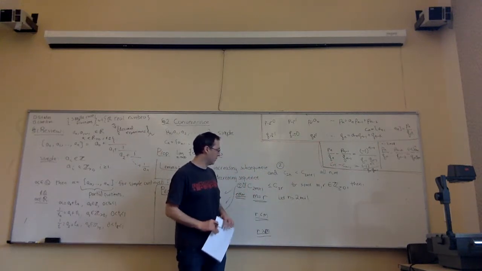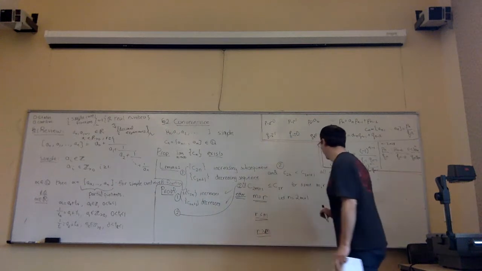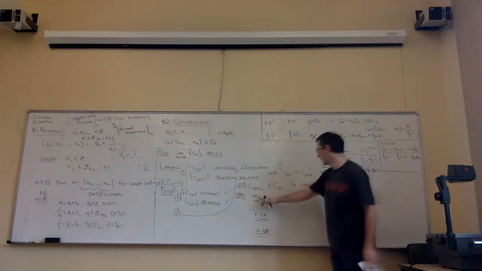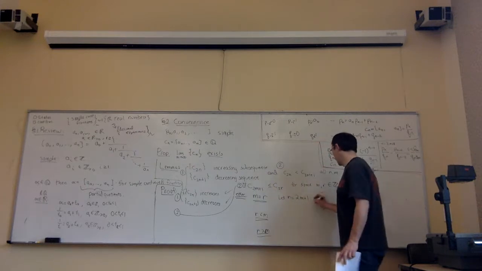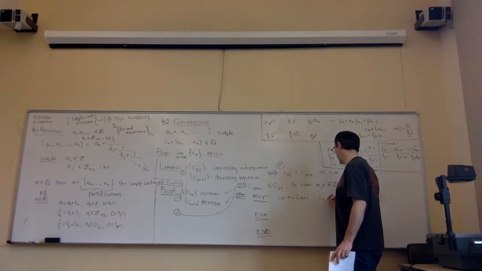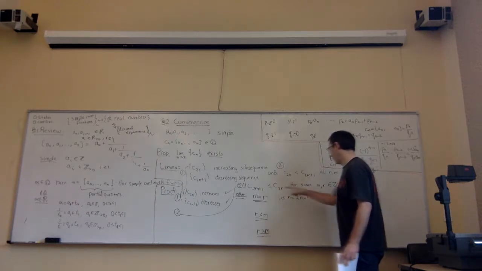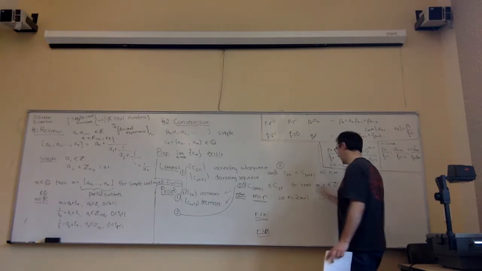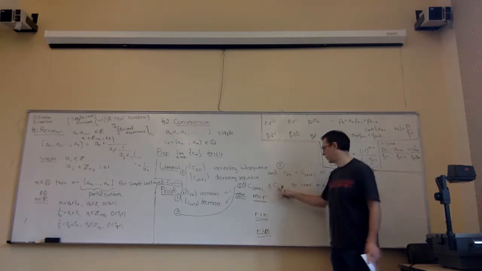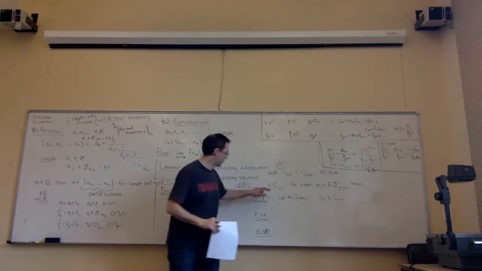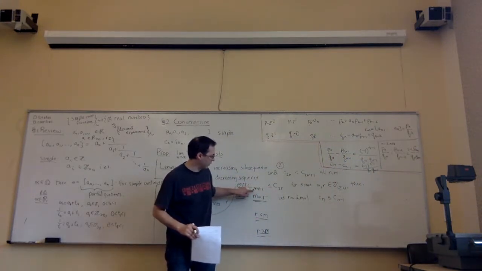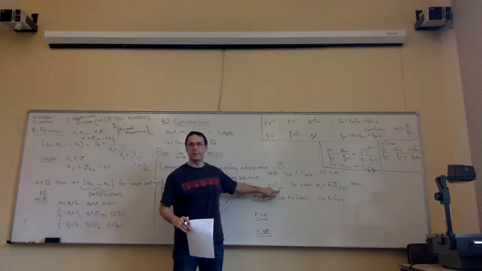So supposing that m equals r, what that means is that that number m right there is that number r right there. So then this says that c sub n is less than or equal to c sub n minus 1. That's exactly this inequality. If m equals r, then the subscript here is 1 bigger than the subscript there.